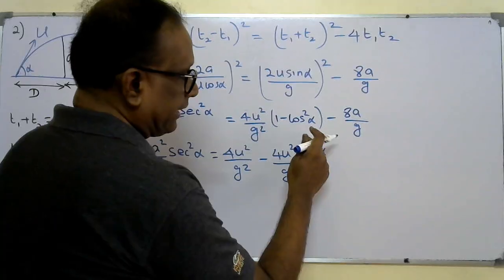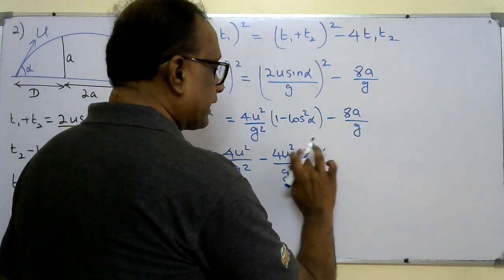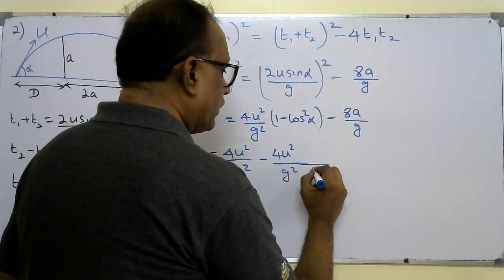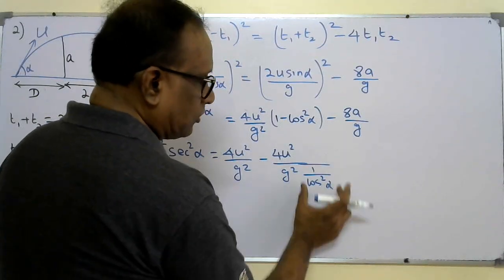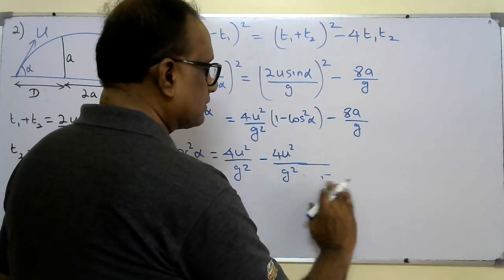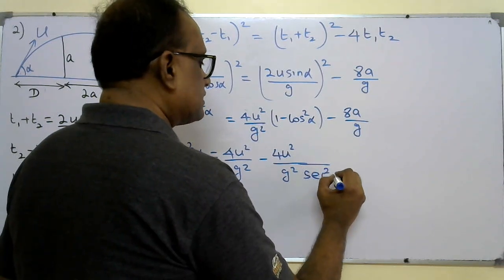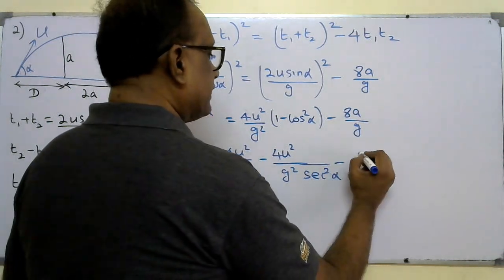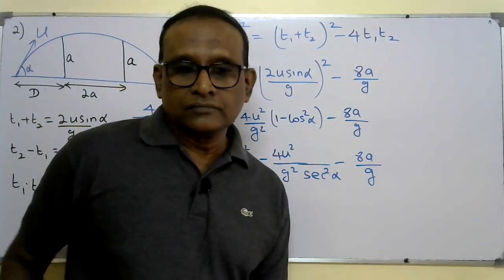This cos squared alpha I can write as 1 over sec squared alpha, so this will go up. I'll put it as g squared sec squared alpha minus 8a over g. Check it.